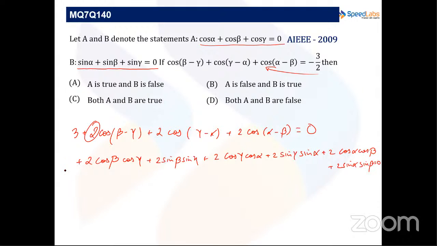Now we can write this 3 as 1 plus 1 plus 1, and 1 will be cos square alpha plus sin square alpha, cos square beta plus sin square beta, and cos square gamma plus sin square gamma.